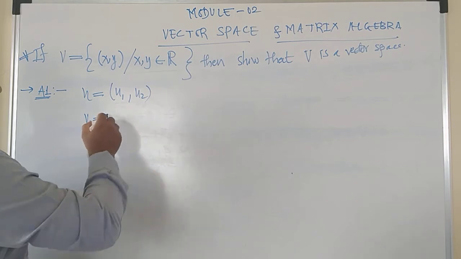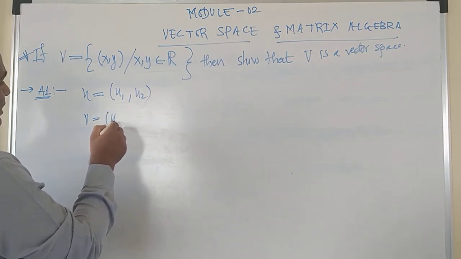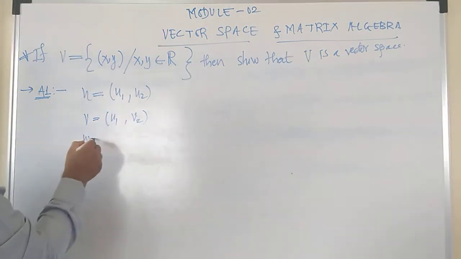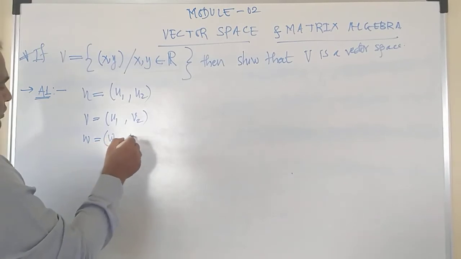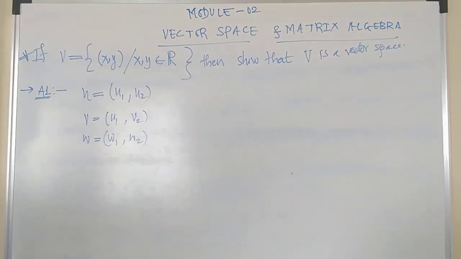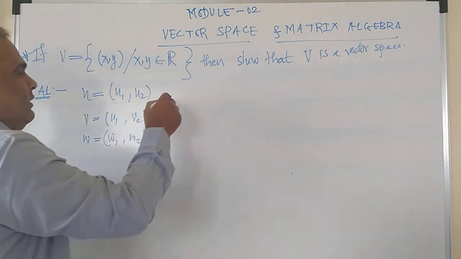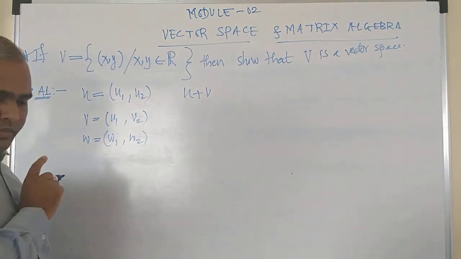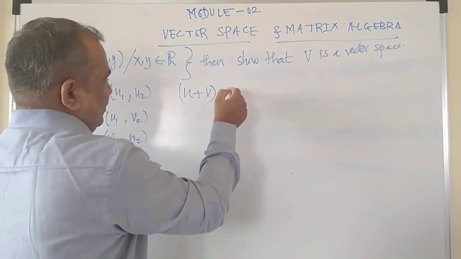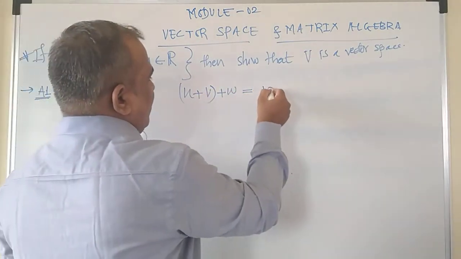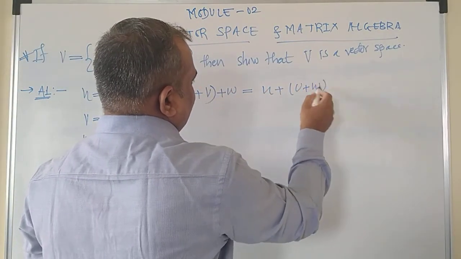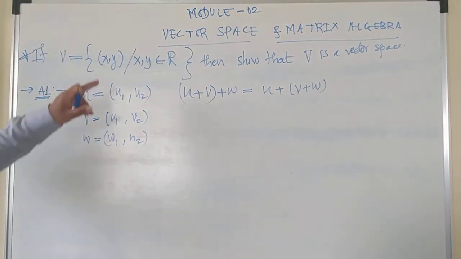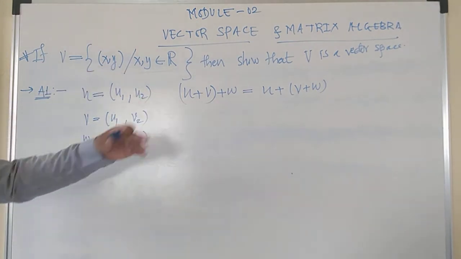Similarly, v is a vector of a set of vectors v1 and v2, and w is a vector of a set of vectors w1 and w2, right? Now addition of these 3 vectors u plus v plus w, if you are able to write them in the form of u plus v plus w, then the given vectors are said to be a vector space of x and y. Got it? So let's do it.